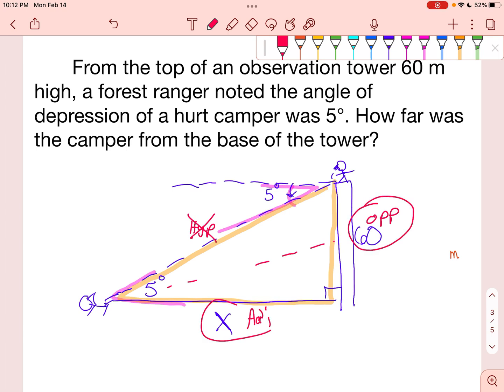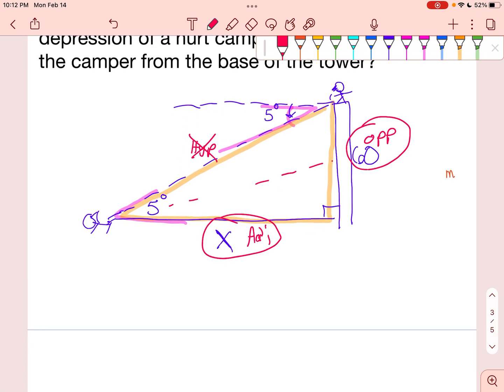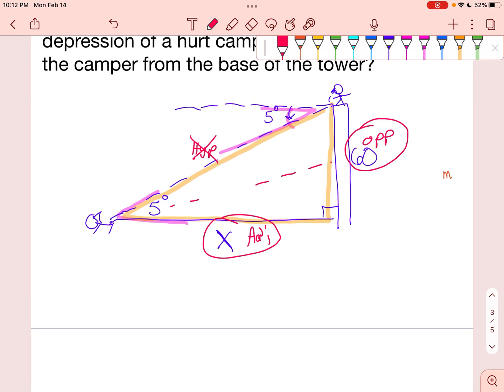So I need to tell my calculator that because I'm working with opposite and adjacent, I'm working with the tangent. So the tangent of 5 degrees is the opposite side over the adjacent side, and using the means extremes product theorem, I know that x is equal to 60 divided by the tangent of 5, and that is called an exact answer. If that's what they asked for, you would leave it like that and call it a day.